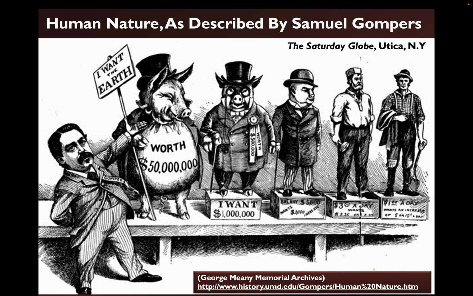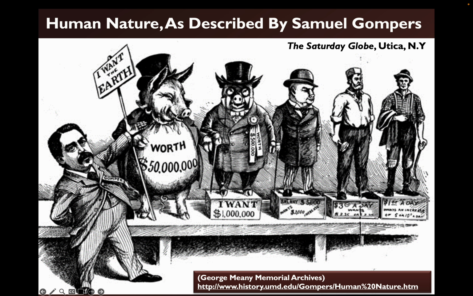Human nature as described by Samuel Gompers. Here we have Gompers who wants everything. We have the fat pigs of Congress wanting $50 million, wanting the earth. We have a slightly skinnier pig, but still a fat pig. I want $1 million. This guy with a salary of $5,000 wants an increase.